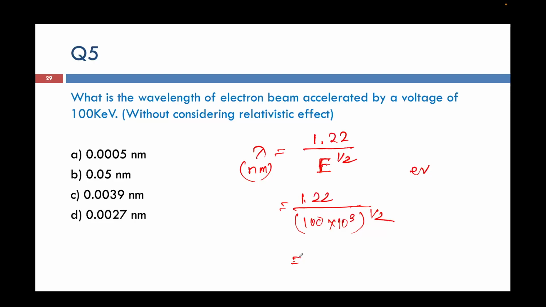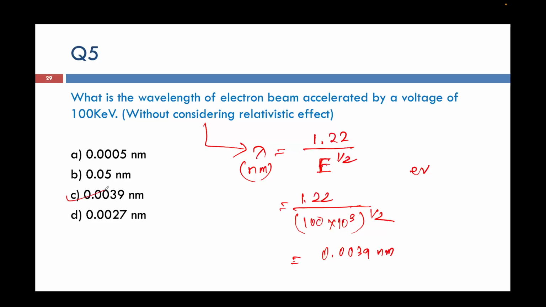How much is the value coming? Option C. Okay, that means this value is 0.0039 nanometer.